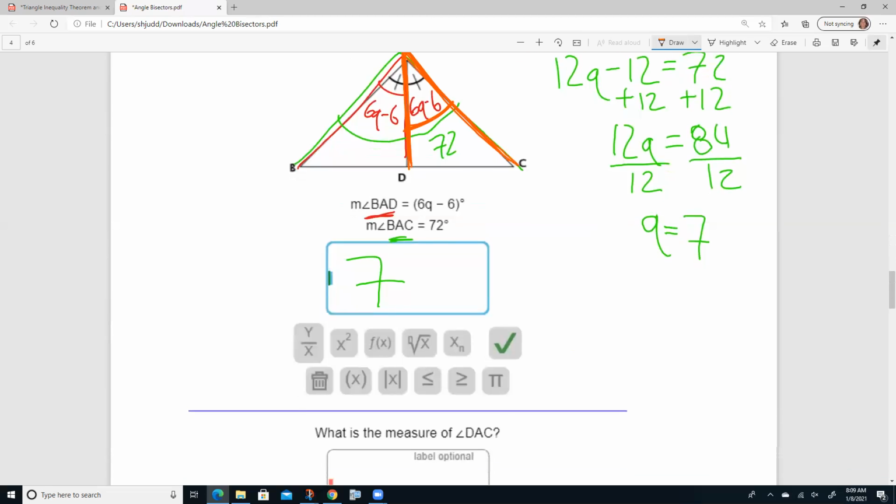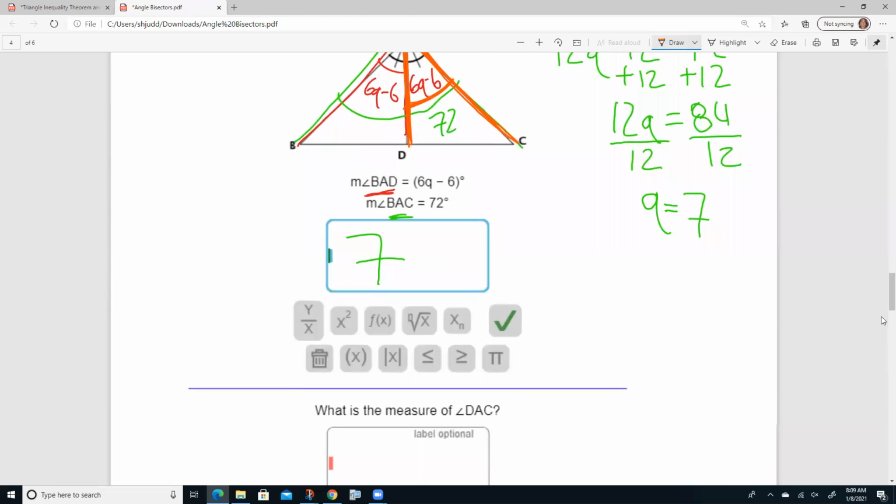So I'm going to plug that in. 6 times 7 minus 6, which is equal to 36. And then we're done with that problem.